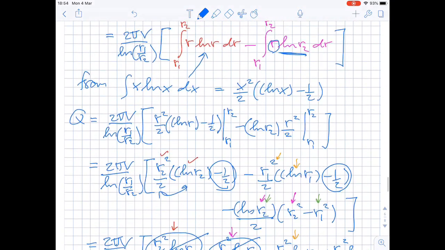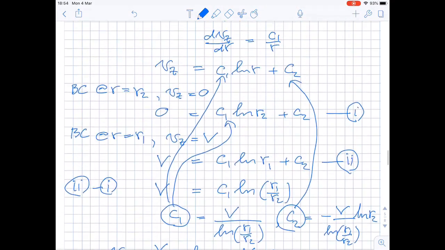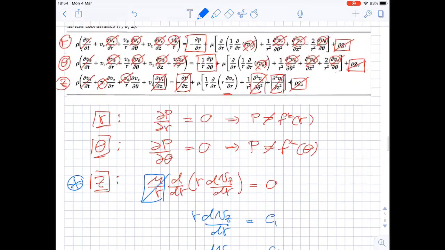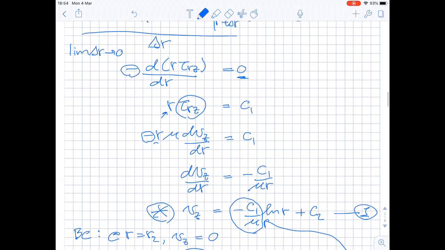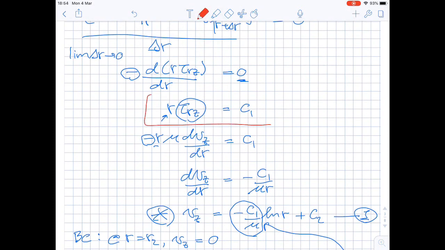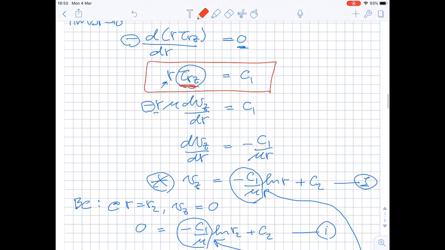If you go back to this part of the calculation, when we did the shear balance, you see that tau Rz, which is shear stress, is equal to C1 over R, and C1 was found already.